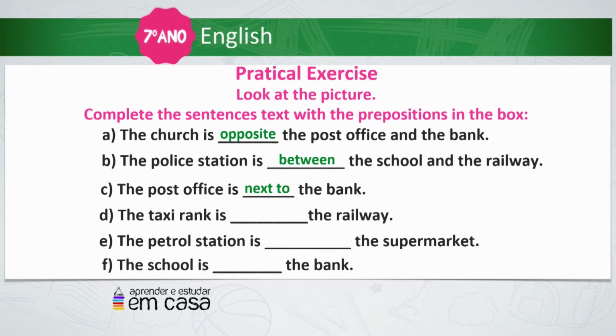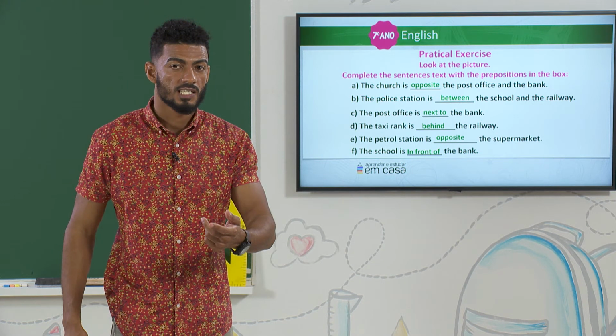D. The taxi rank is behind the highway. E. The petrol station is opposite the supermarket. Last one. The school is in front of the bank. Did you do it all correct?